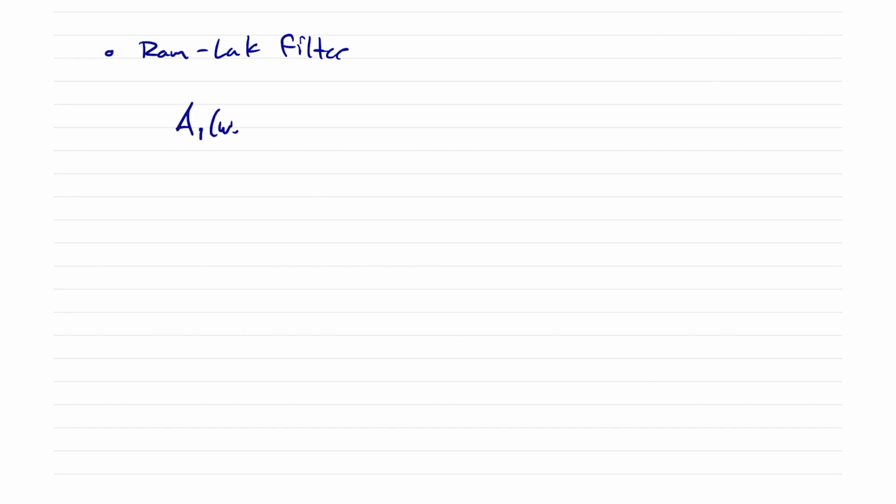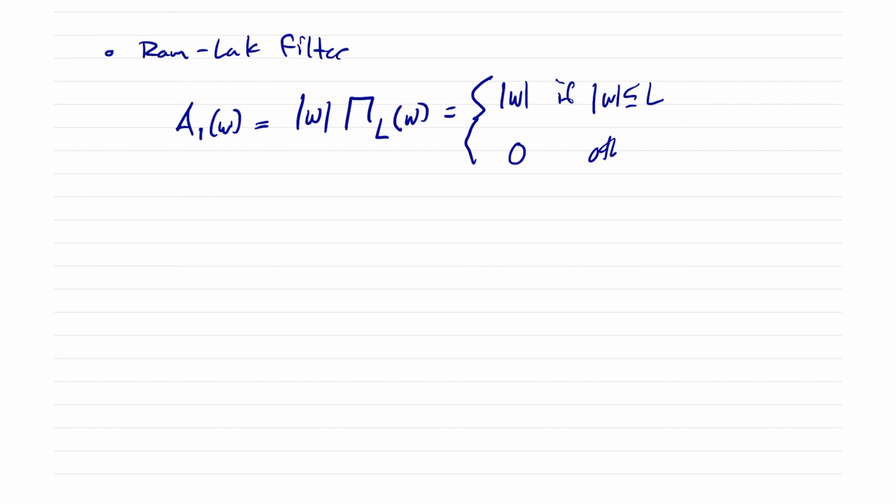Basically it's going to be the absolute value of omega times the window function, the square wave, and that gives you the absolute value of omega if omega in magnitude is less than or equal to L, and 0 otherwise. So this is just sort of a hard cutoff.